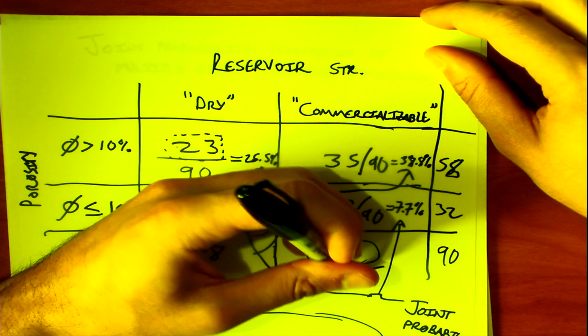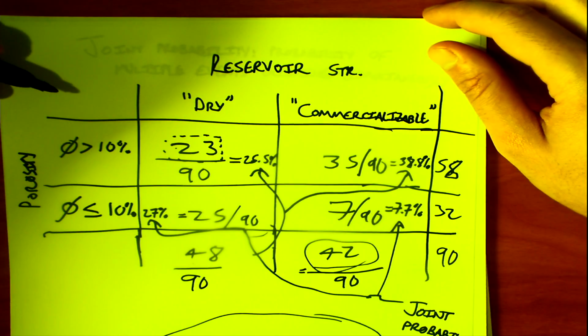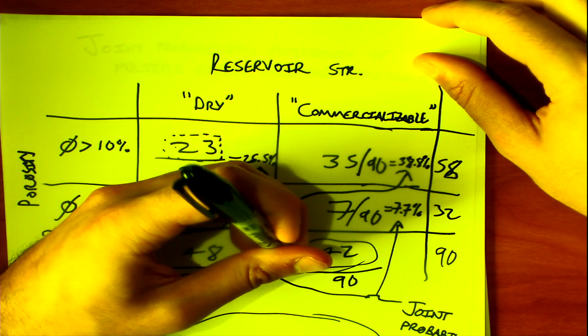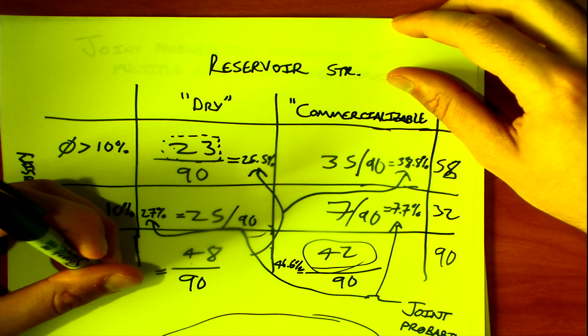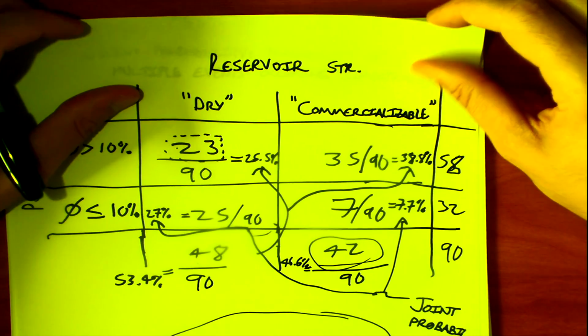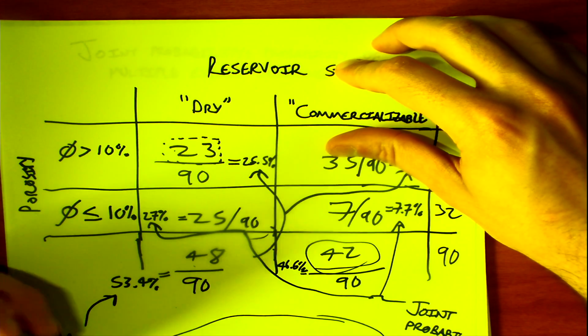Desirable divided by total. We get a number which is 46.6%. Conversely, 53.4%. Cool. And these are what are called marginal probabilities.